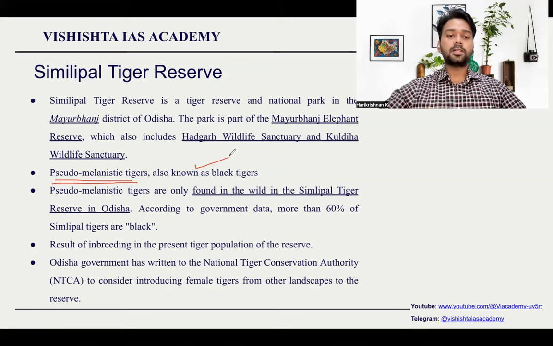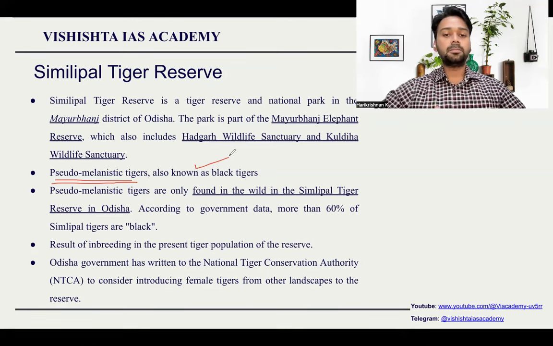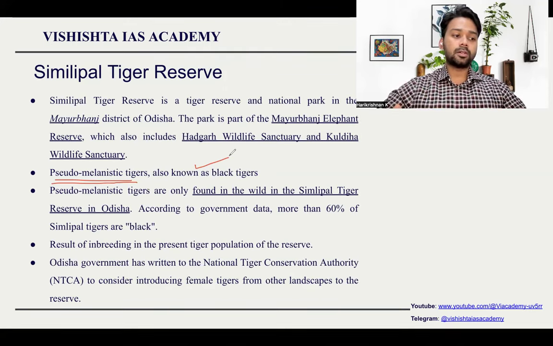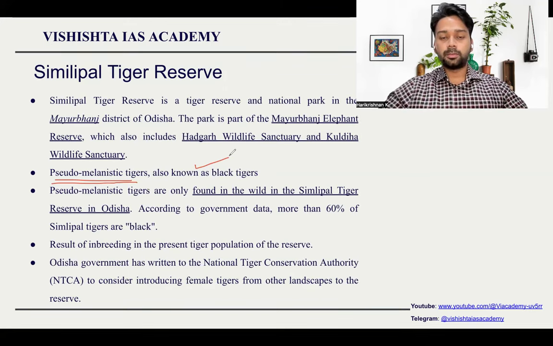The reason why the tigers are becoming melanistic is because of inbreeding. Inbreeding means tigers breeding within a small community. Any organism will be able to thrive when they are breeding with different sets of organisms. For example, you take one tiger from one state and you breed it with another tiger from some other state.